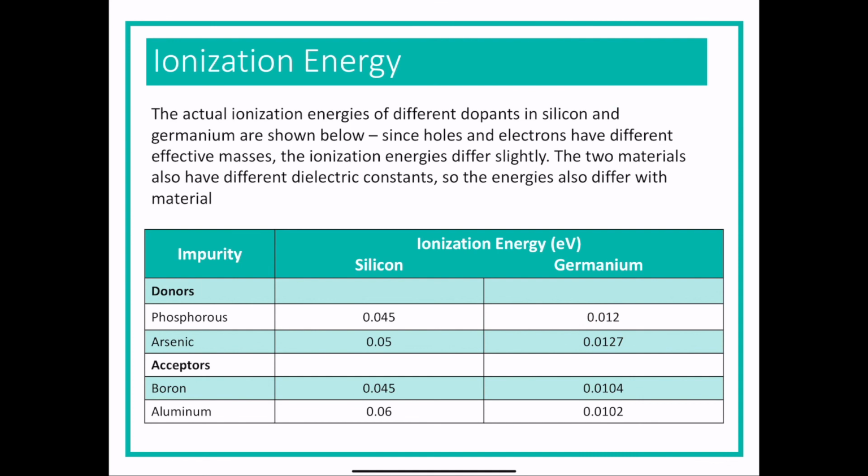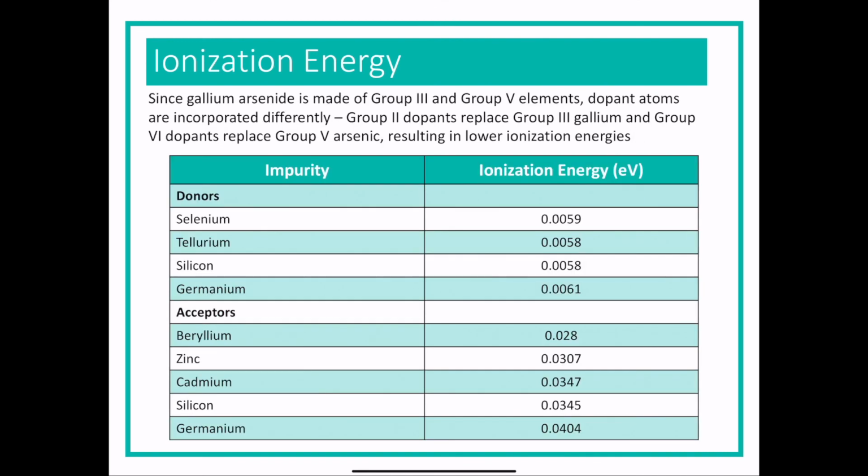The interesting thing, though, is if you get to gallium arsenide. Gallium arsenide can actually use silicon and germanium as dopants. You're making gallium arsenide out of a group 3 and a group 5 compound, and they're put together, and they're equal amounts of gallium and arsenic put together.